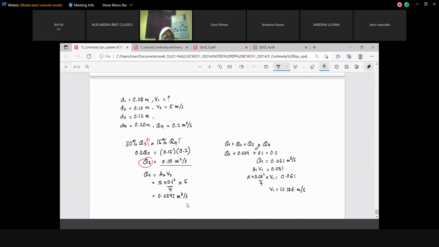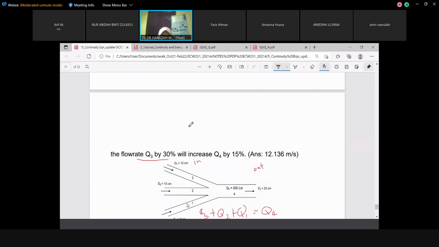Okay, the Q2 can be calculated using the area and velocity. So we already know the Q2. Now we need to find the Q1. Okay, kita nak completekan this equation. Q2 dah tahu, Q3 dah tahu, so you need to find the Q1. Here Q4 also can be calculated because the information is already given here.